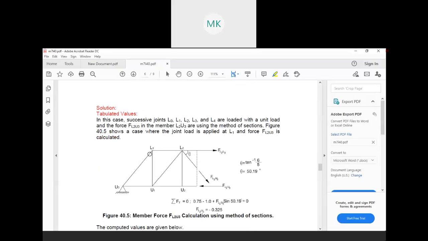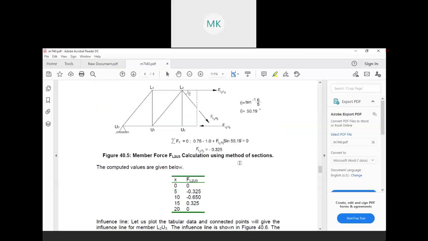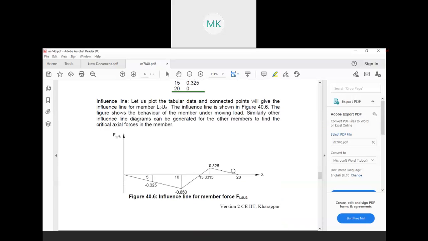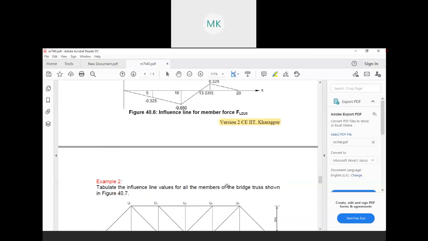As per the earlier one, we again consider a unit load, name all the forces, and resolve all the forces by considering each joint. All of you please go through this numerical and try to solve it. It is already well explained here step by step. After doing this, you can easily draw the diagram also.